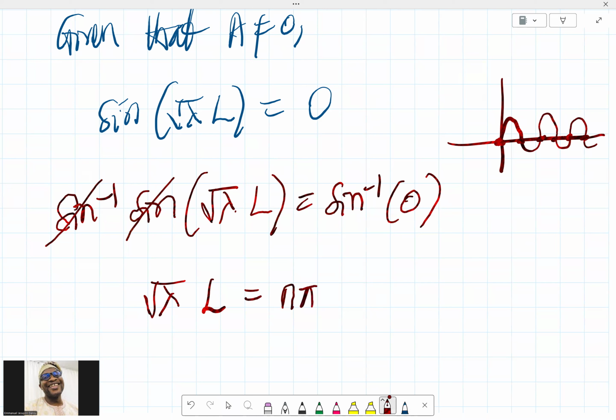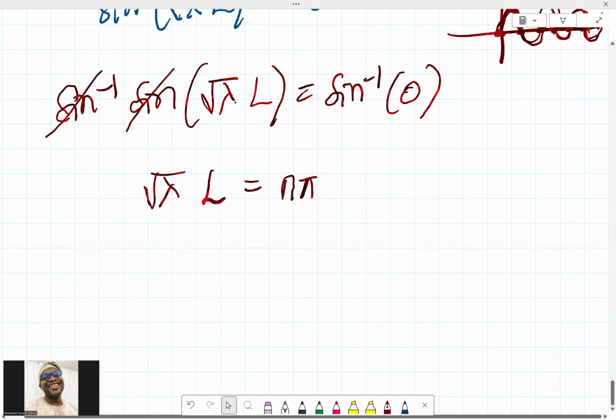For instance, when n is 0, that's the origin. So sine 0 is 0. Then when you go to 1, pi is 180 degrees. So after every 180 degrees, we come back to 0. After another 180, we come back to 0, and we go like that. So generally, arc sine of 0 is n pi. For any value of n, you always get 0.